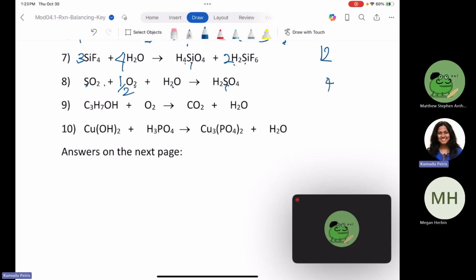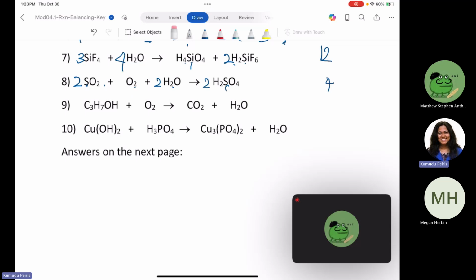But I shouldn't add it as a fraction. So what should I do? I should multiply everything by 2. When I multiply that by 2, the 2 to 2 will cancel out. And I'll get only 1. Right. Let's see now, is it balanced?